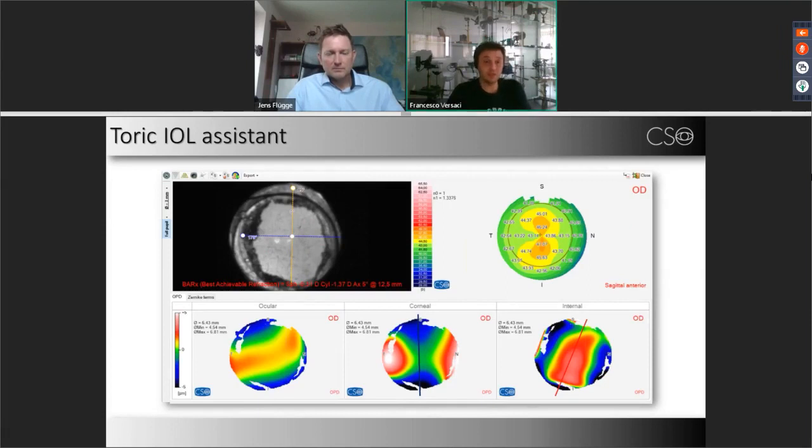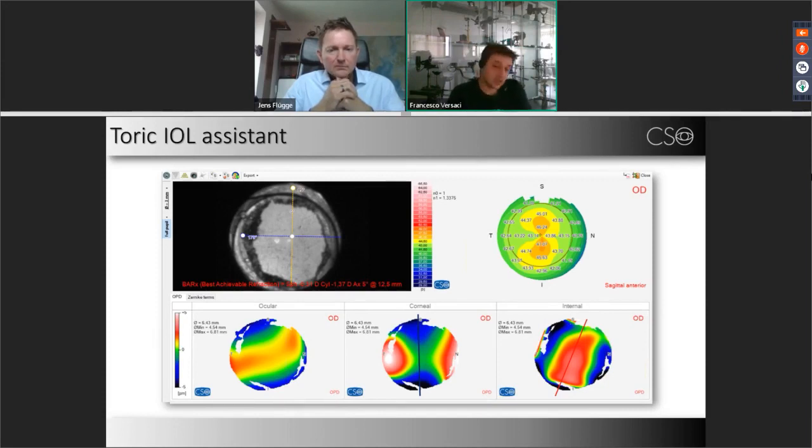We have a specific display for this kind of problem. This is called the toric IOL assistant, and it allows you to see, both in terms of coefficients or in terms of maps, what the corneal and internal astigmatism are, and also gives you information about what is going to be the best achievable refraction.